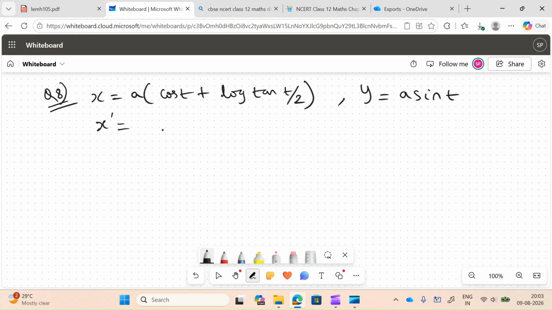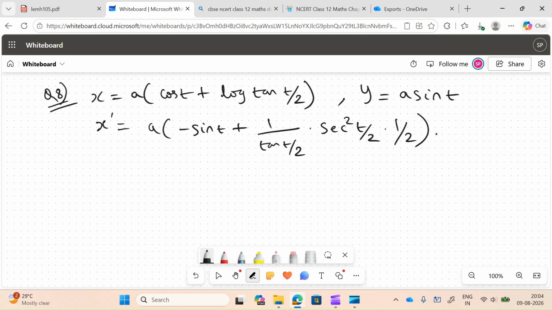So this x dash will be nothing but a, this will be minus sin t plus 1 by tan t by 2. Why? Because log x differentiation is 1 by x. Now tan t by 2 differentiation is secant square t by 2, and again 1 by 2 is there. Now your y dash will be a cos t.